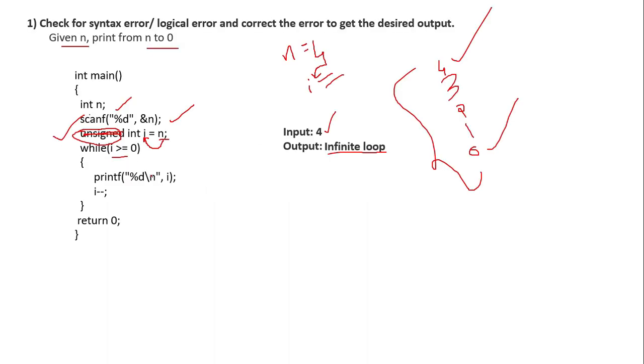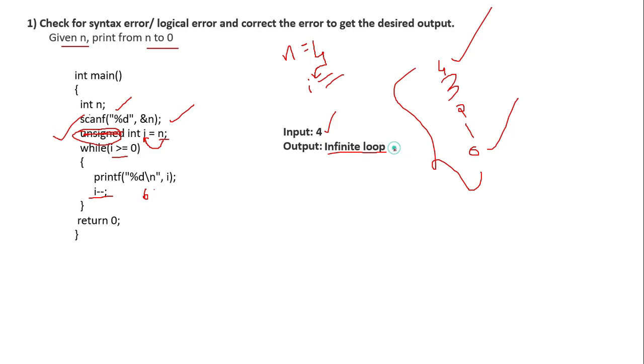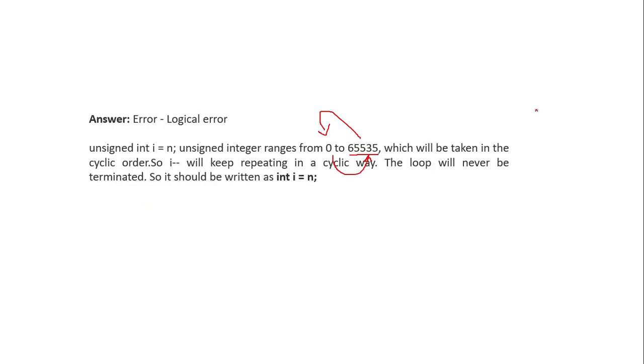So if you keep on doing I minus minus, it will go from 0 to 65,535, down to 0, and after reaching 0 it again repeats from 0 to 65,535 and so on. It keeps on repeating. So you will get an infinite loop as output if you write unsigned int. They asked to check any logical or syntax error, so we need to remove this in order to get the desired output. That's the major thing. This loop will never be terminated, so it should be written as int I is equal to n, as I told you.